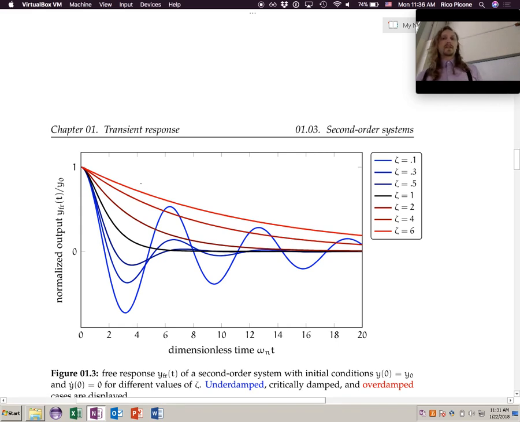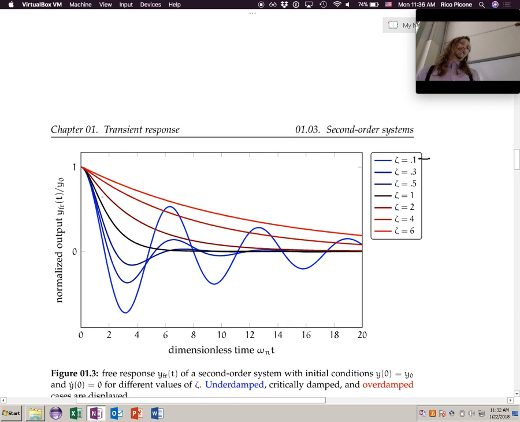The first one we did was the underdamped, so the blue, zeta equal to 0.1. It's greater than 0, it's less than 1, so it's going to be underdamped. It's going to start out at its initial condition. Notice that what I'm plotting here is the normalized output, so I'm dividing by the initial condition.